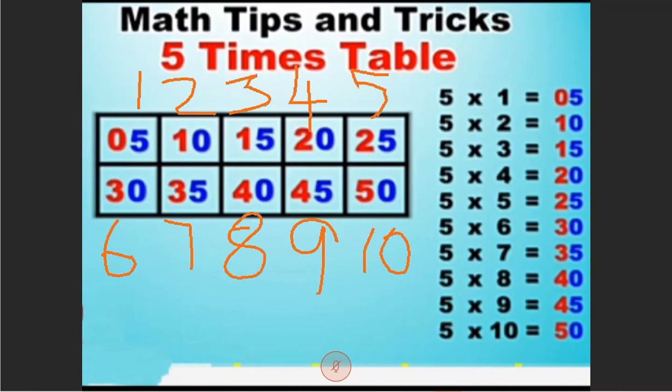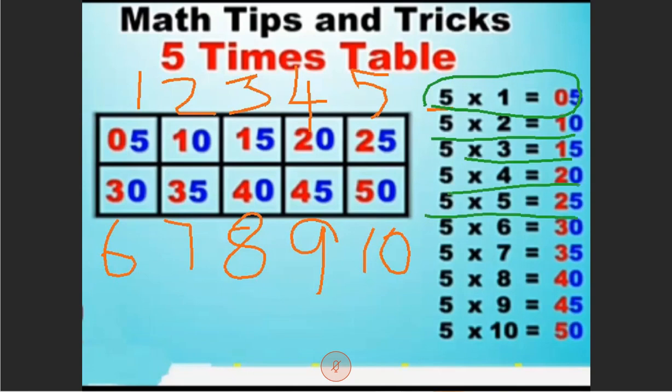Now let's do it in one straight line, horizontal format. Let's start. 5 ones are 5. 5 twos are 10. 5 threes are 15. 5 fours are 20. 5 fives are 25. 5 sixes are 30. 5 sevens are 35. 5 eights are 40. 5 nines are 45. 5 tens are 50.